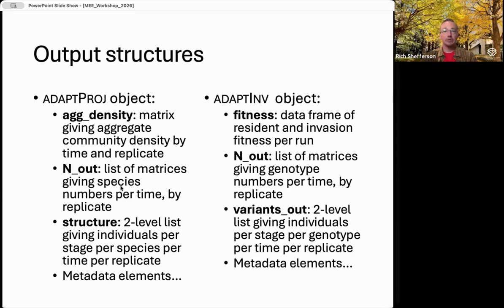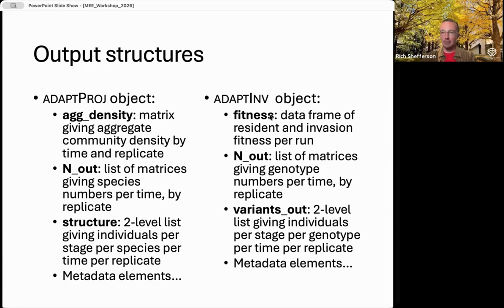N out will give you a list of matrices giving the species numbers per time by replicate. Okay, so ag density will give you by replicate within a single matrix. This will sort it out a bit more. And then structure is a 2-level list that gives you the number of individuals per stage, per species, per time, per replicate. So really just base level, all the results dumped out for you, so you can do with it what you want. And then a bunch of metadata.